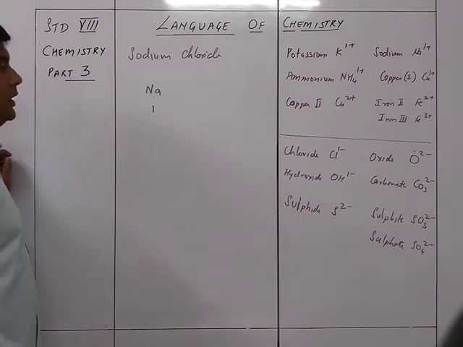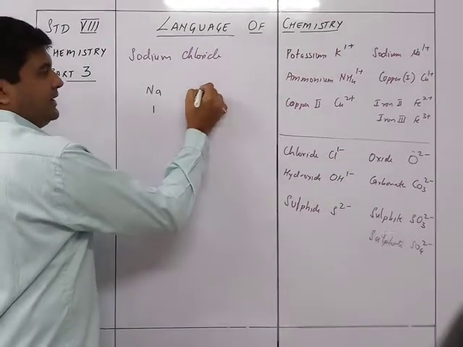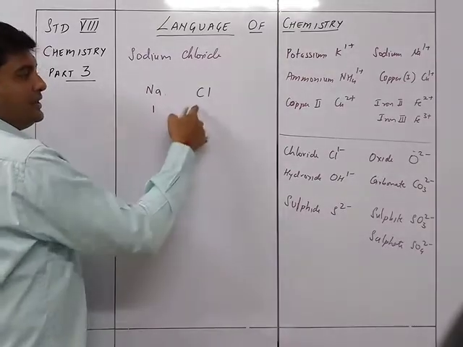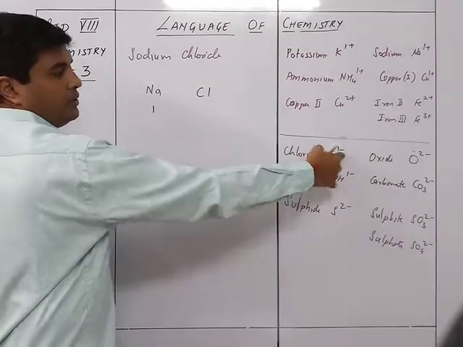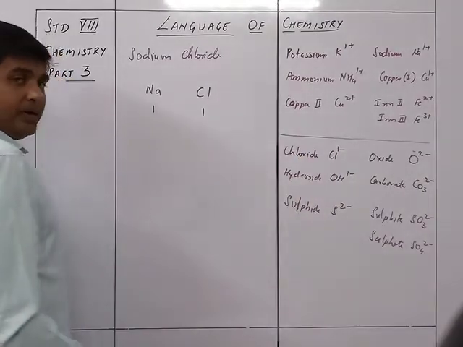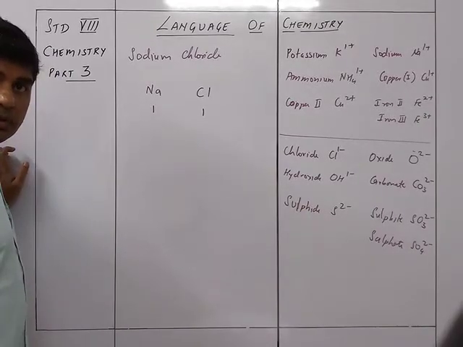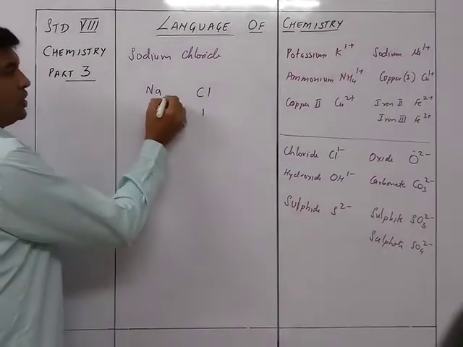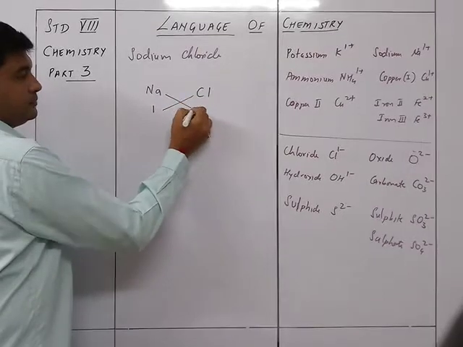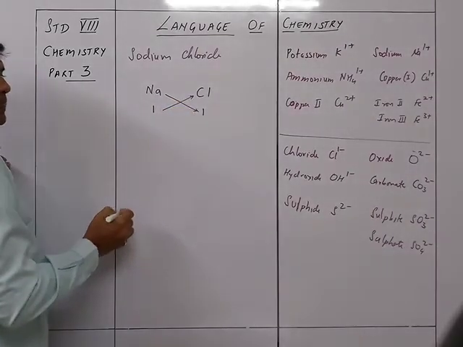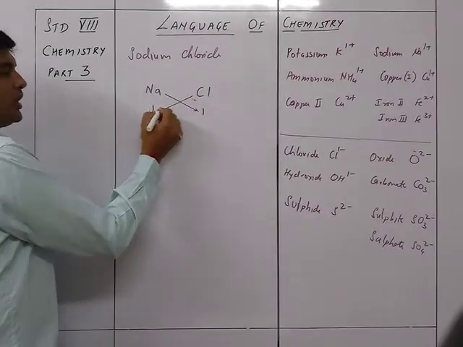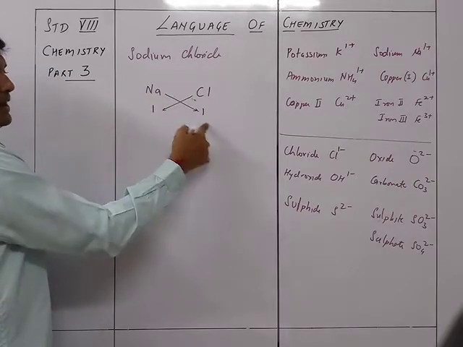Chlorine is Cl. And I'm going to write the valency as 1 over here. Then what we do is cross multiply. On cross multiplication, what happens? Na1 and Cl1.